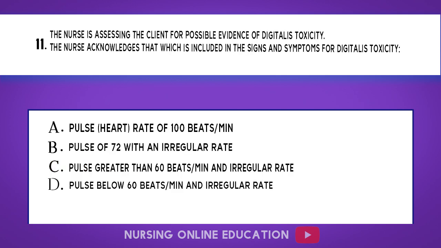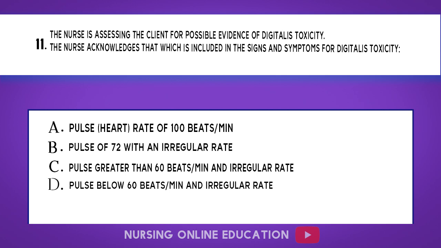11. The nurse is assessing the client for possible evidence of digitalis toxicity. The nurse acknowledges that which is included in the signs and symptoms for digitalis toxicity: A. Pulse, heart rate of 100 beats/min. B. Pulse of 72 with an irregular rate. C. Pulse greater than 60 beats/min and irregular rate.